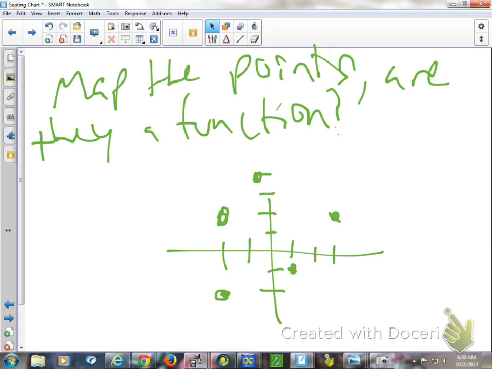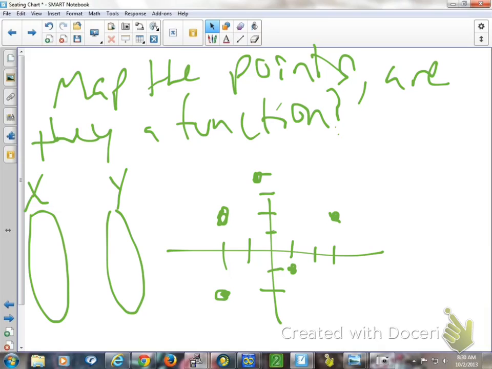Just like that. When you map, it's the thing with the 2 circles, x's and the y's. I have to list all my x values first. So I think those were negative 2, negative 1/2, 1, and 3. And then I need to list my y values. And it looks like they were negative 2, negative 1, 2, and 4.